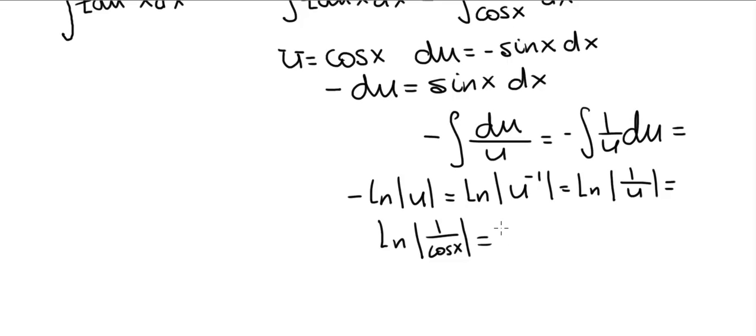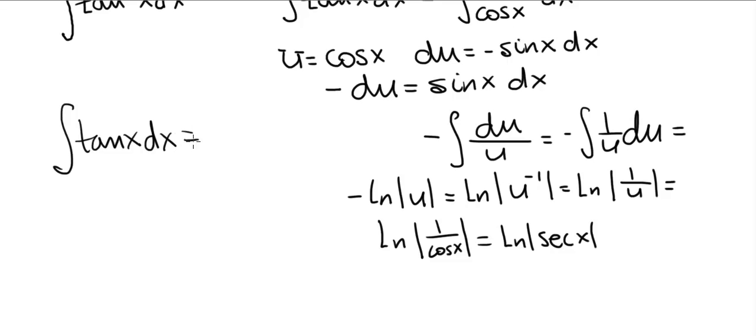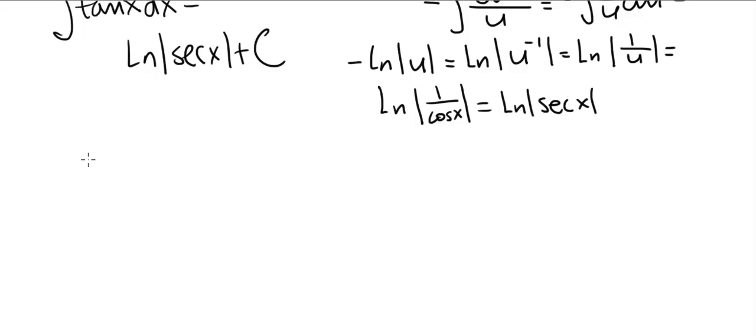And that is natural log of absolute value of secant of x. So the integral of tangent of x is equal to natural log of absolute value of secant of x plus c.